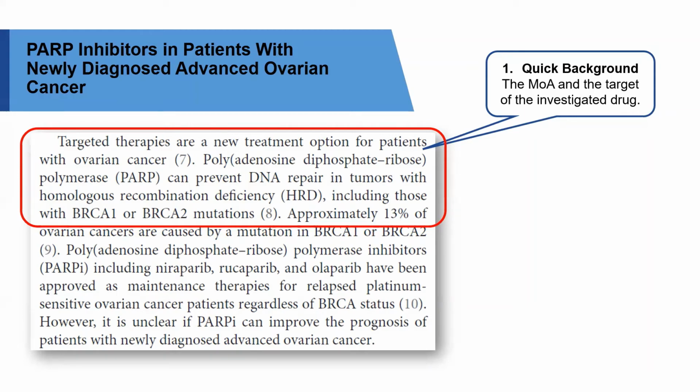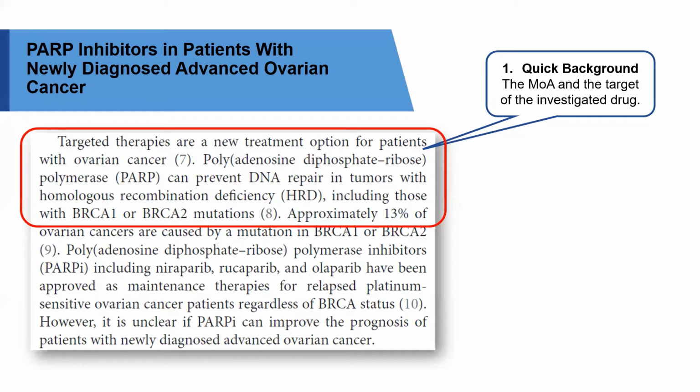Then they mentioned that PARP can prevent DNA repair in tumors with HRD, including those with BRCA1 and BRCA2 mutations. So they began to talk about the mode of action or the mechanism of action and the target of the investigated drug or drugs they are going to be talking about.